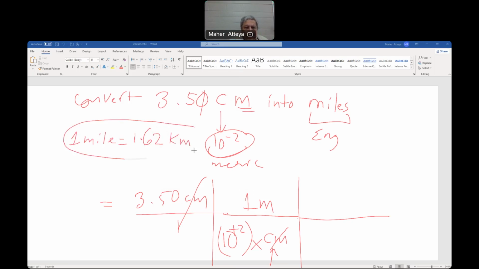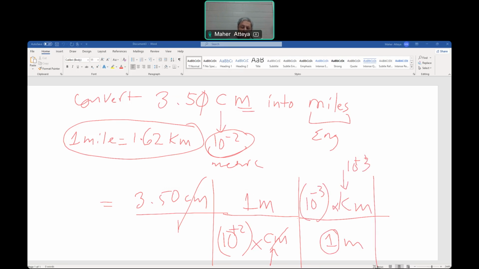I can start with this relationship, but I have to get meters into kilometers. So I put 1 meter at the bottom and kilometer on top. Kilo is 10 to the plus 3, so I put in front of it 10 to the minus 3, the opposite, so it comes out equal to 1.